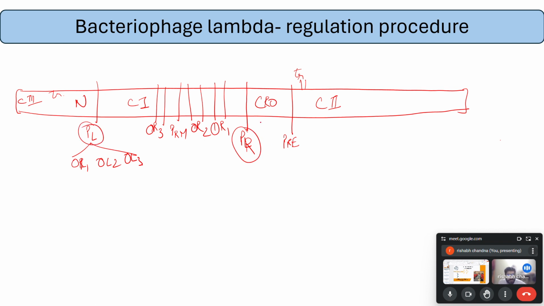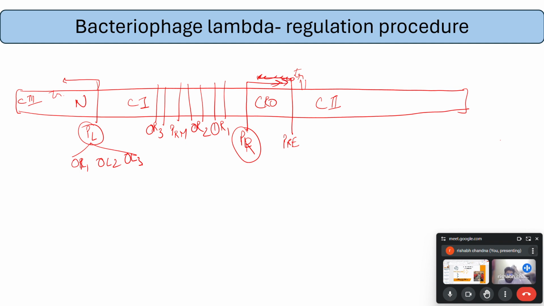So they express simultaneously when the lambda phage enters the bacterial cell, and they start expressing the proteins linked to them. So what will happen? PL forms N and PR forms Cro.